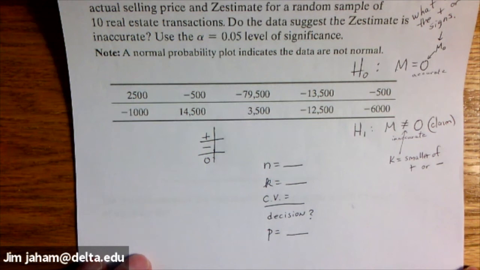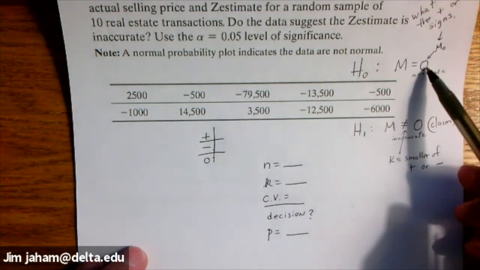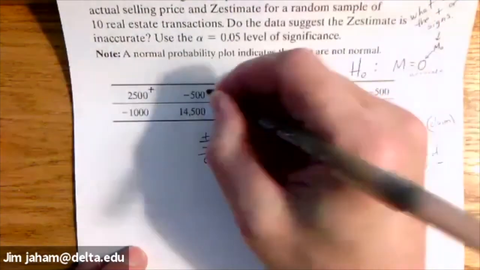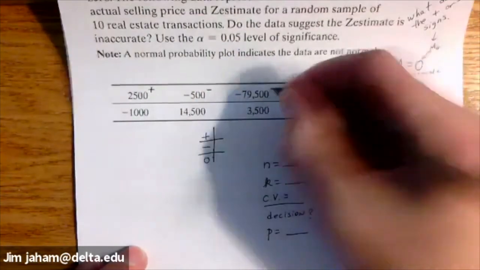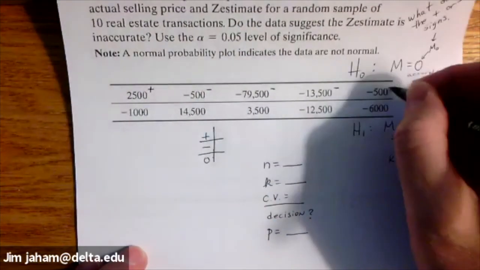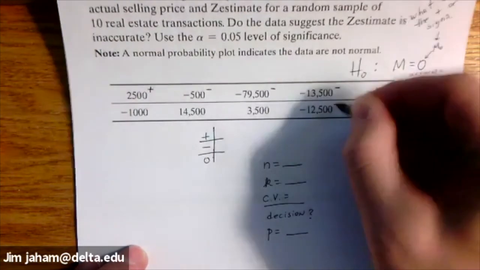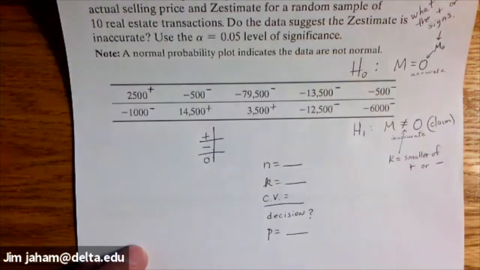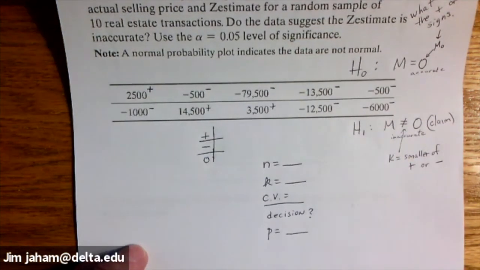Okay, let's take a look. 0 is our boundary value, so anything that's positive will be larger than 0, and anything that's negative will be less than 0. So there's what your plus and minus signs will look like.